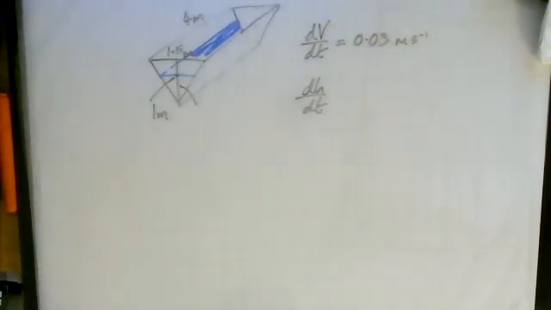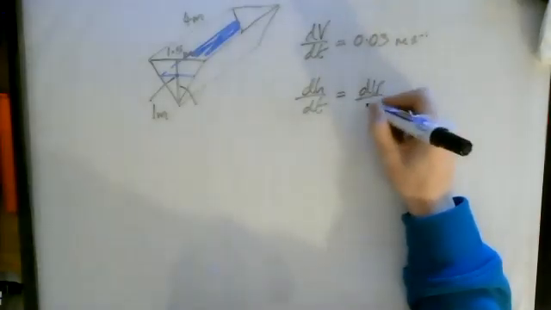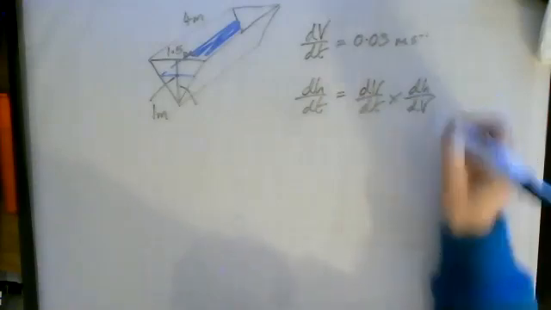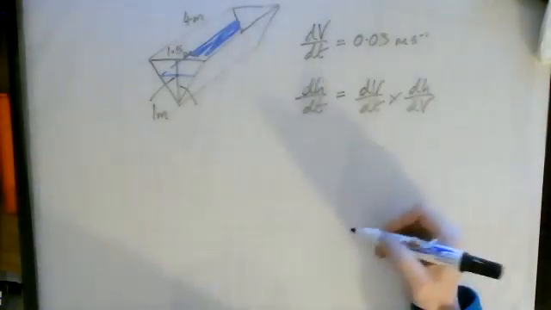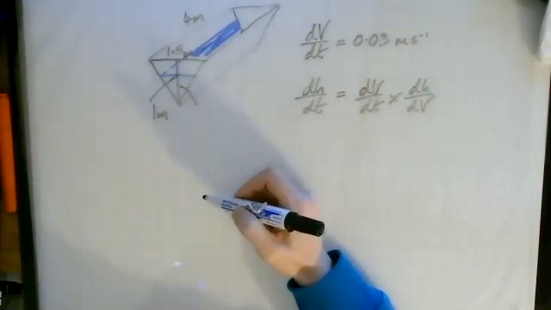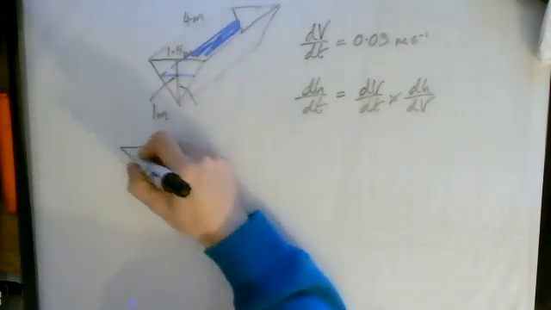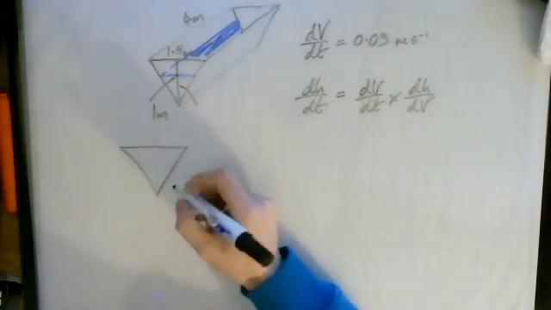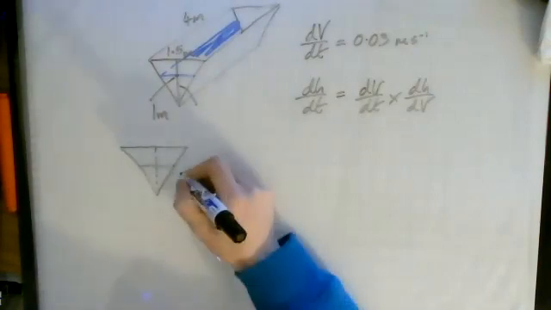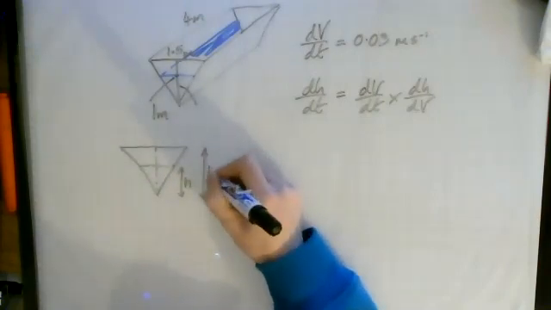So we need dh/dt. So this question is dV/dt times dh/dV. So we need dh/dV. So the volume, that's what is given. Okay, so the vertical cross section, then the cone. So we need the rate of change with h, so h is 1 meter.